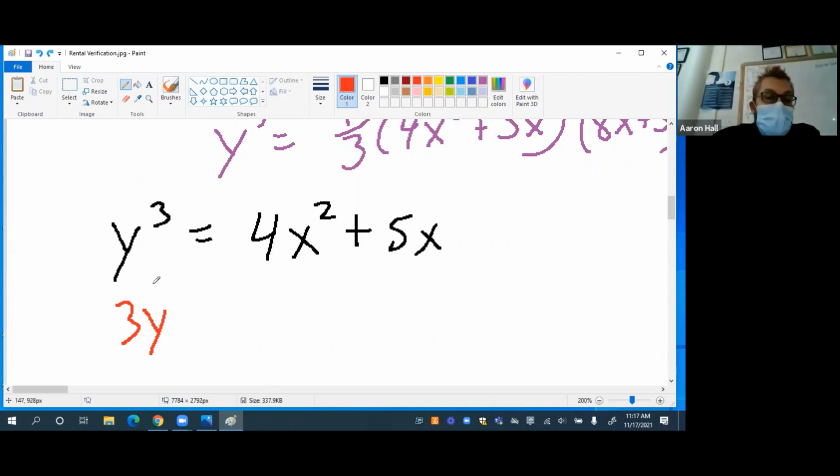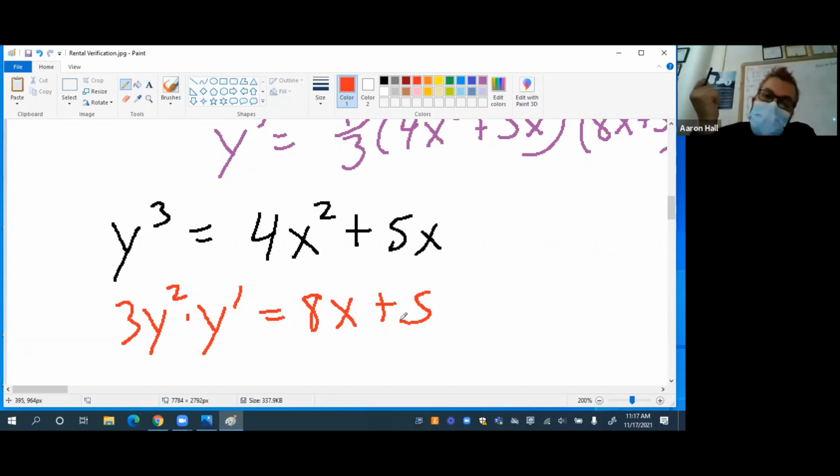This is 3y to the power of 2, I agree with you, times y prime. And then it equals what? It gives me 8x plus 5.